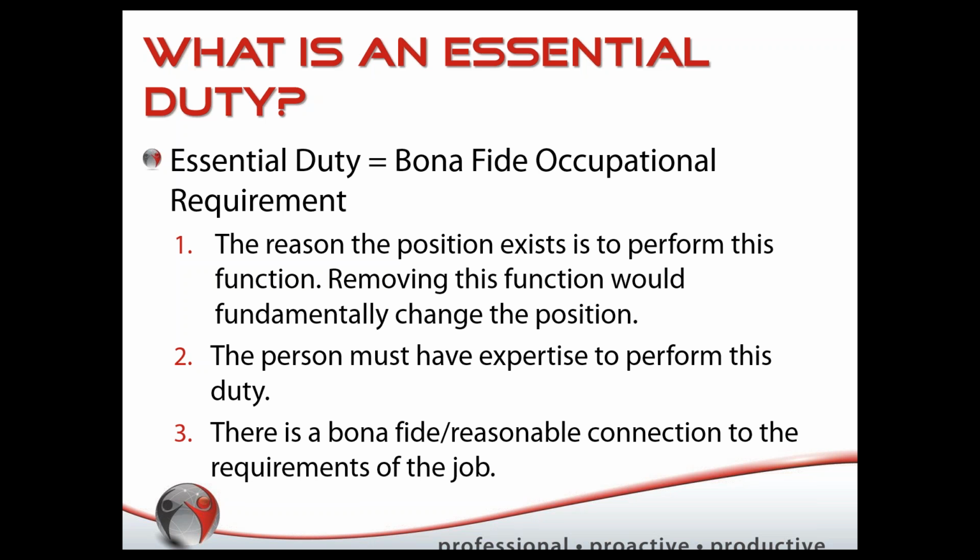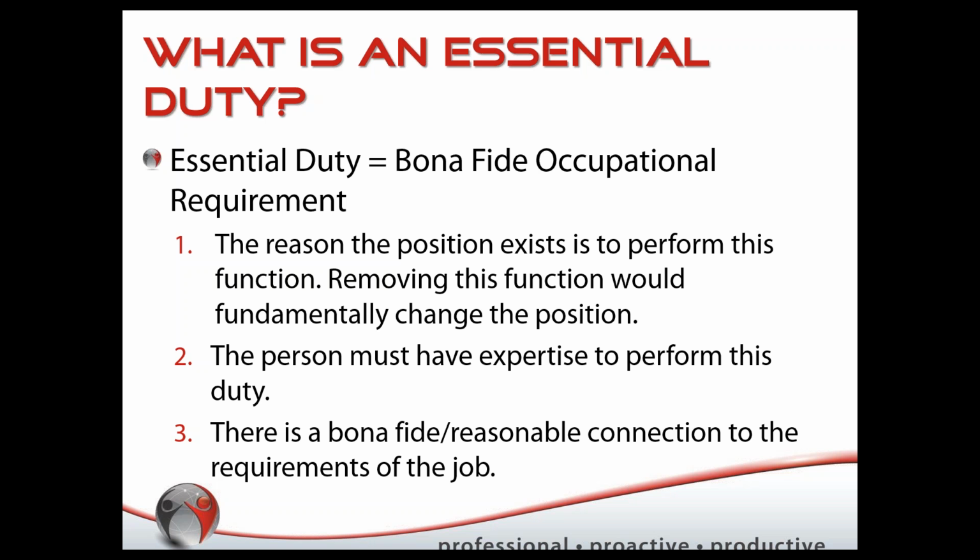And then the third one that's a bit more general is that there's a bona fide or a reasonable connection to the requirements of the job. So, you're able to justify why you've thought that this is an essential duty, doing this task. For a task to be considered an essential duty, it has to meet at least one of these criteria. It doesn't always have to meet all three, but it should meet at a minimum one.